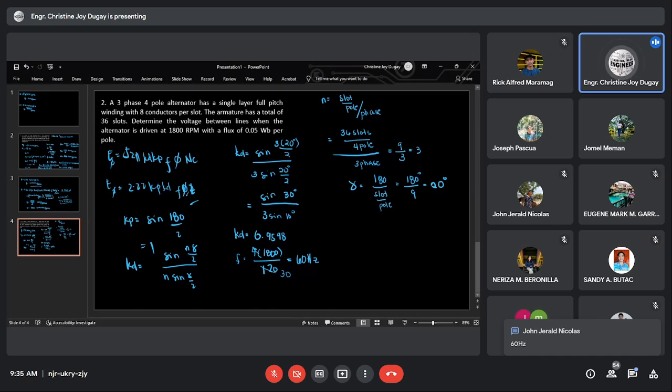Frequency, flux. Meron na rin tayo, which is 0.05 Weber. And Z, how about Z? Z, that is equal to, ilan tayo? 8 conductors per slot, and then multiplied by 36 slots divided by 3 phase. So, that is equal to ilan? 8 times 36 divided by 3.